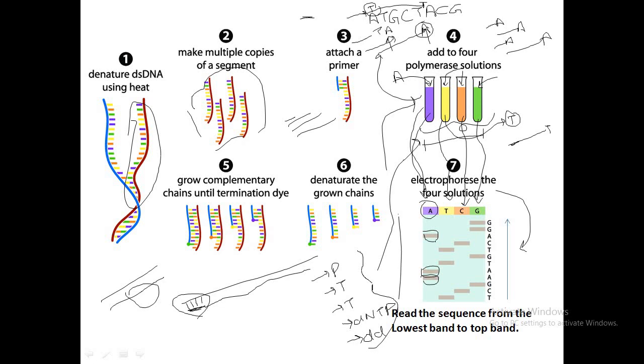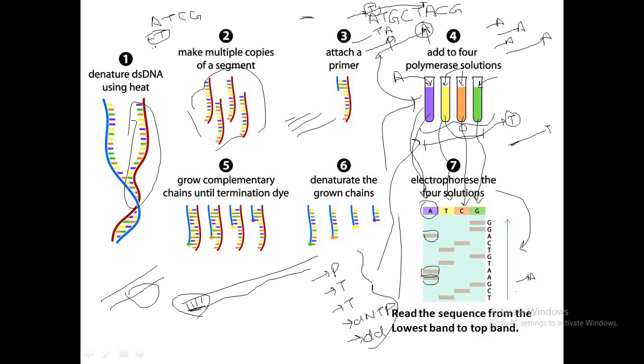The lowest one is the smaller one. Why? Because during replication, the smaller fragments are the first bases that are incorporated. If you look at this sequence, let's take as an example A, T, C, G. The first base that is going to incorporate here is T, and the size of this is very small because it contains only one base.